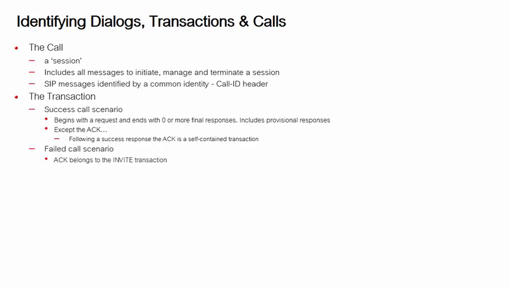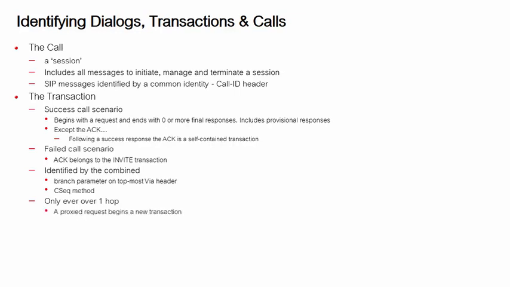It's the ACK now that concludes the failed INVITE transaction. Now, transactions are identified by the combined branch parameter on the topmost Via header and the CSeq method. They're only ever over one hop, meaning that a proxied request actually begins a new transaction.